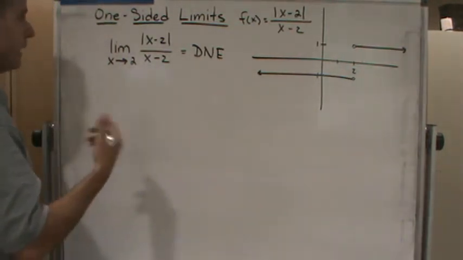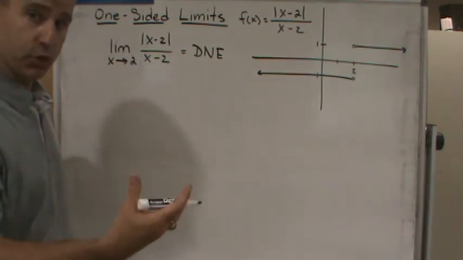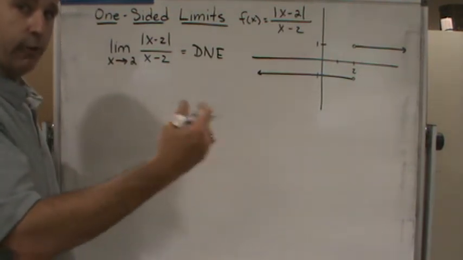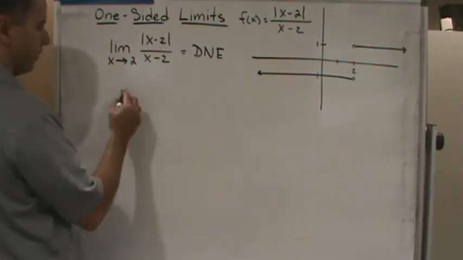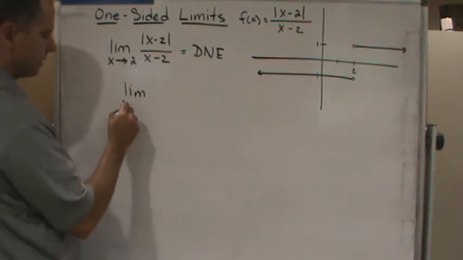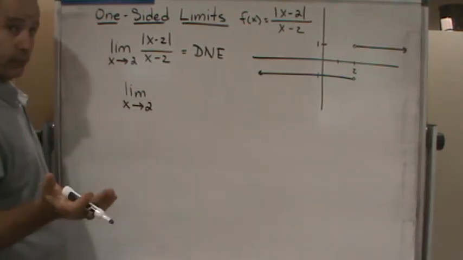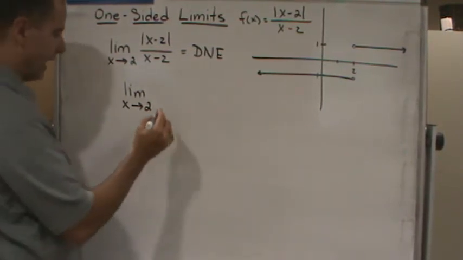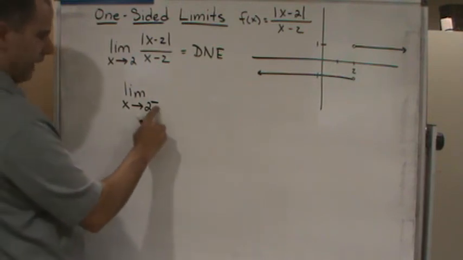So how would we write this? Well, the idea of a one-sided limit is what is happening when we approach the value of x from one side. So we would say the limit as x approaches 2 from the negative side, or from the left, we put a negative sign up here, like where the exponent would be.